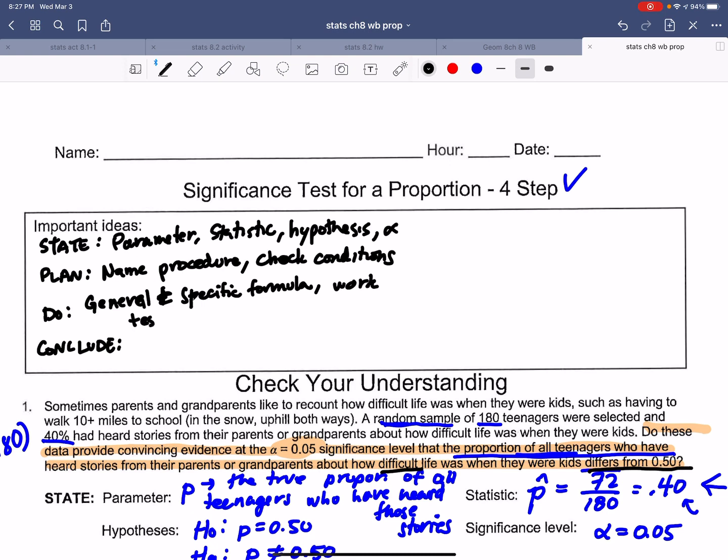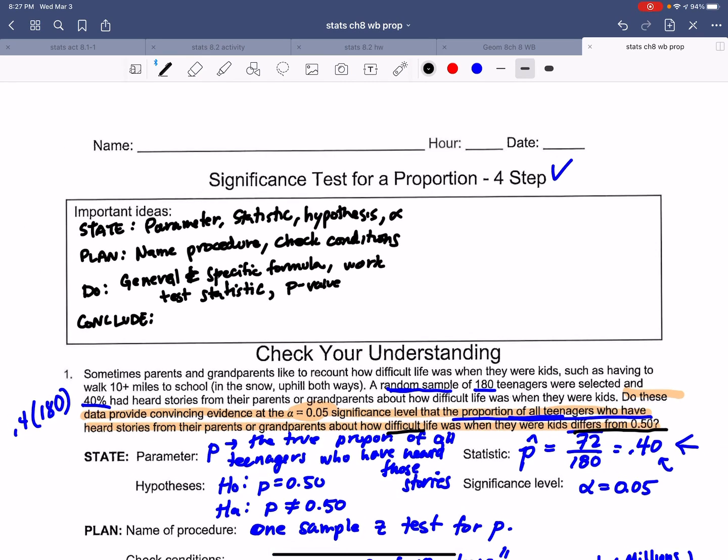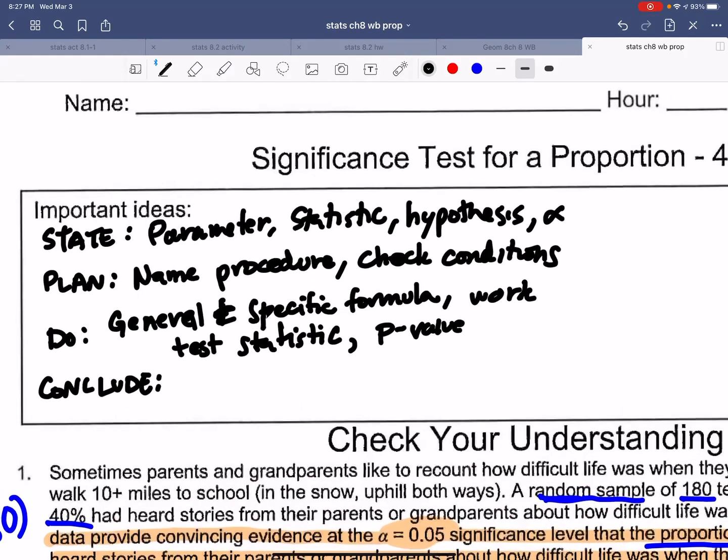We want to show the test statistic. That's our z-score or z-value. And then the p-value, the probability of getting that outcome merely by chance if, in fact, H sub O were correct. And in our conclusion, we want to interpret that p-value. We explain what this p-value means.